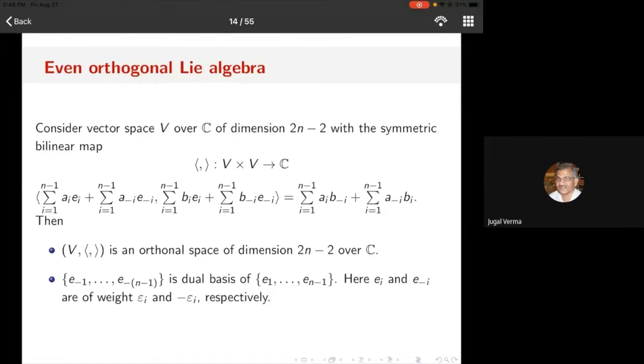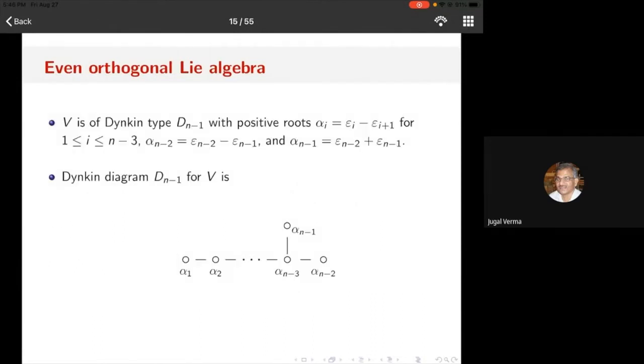And here e_i and e_{-i} are of weights epsilon_i and minus epsilon_i. So these weights come as a dual of the Cartan subalgebra of the special orthogonal Lie algebra associated with this vector space V. By the classification of semisimple Lie algebras, this even-dimensional vector space V is associated with Lie type D_{n-1}.